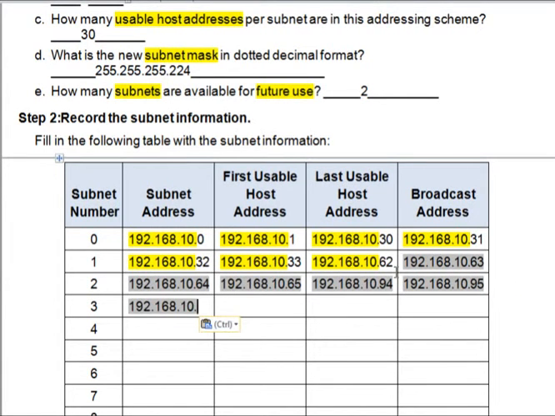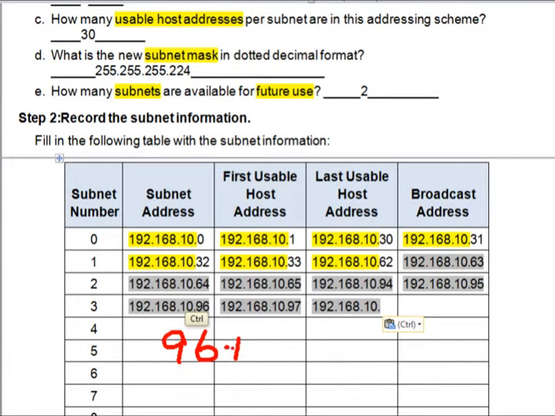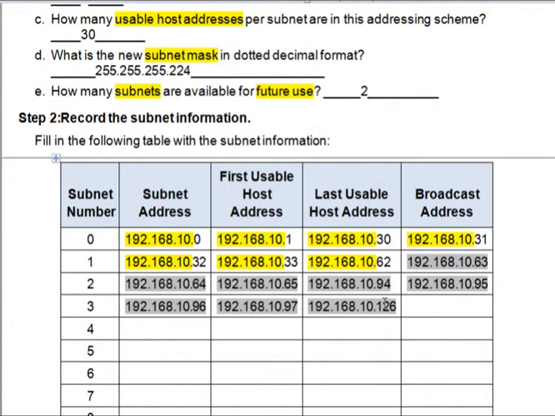Subnet 3, 192.168.10.96. First usable host address 10.97. The last usable host address will be 96 plus 30. Okay, so in this case it will be 126, and the broadcast address will be 127.